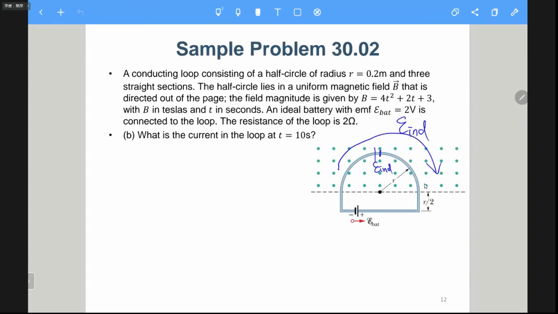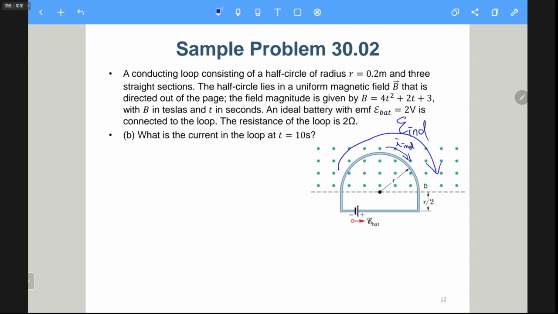It should be something like this. Because E induced is in this direction, and actually this is the I induced.